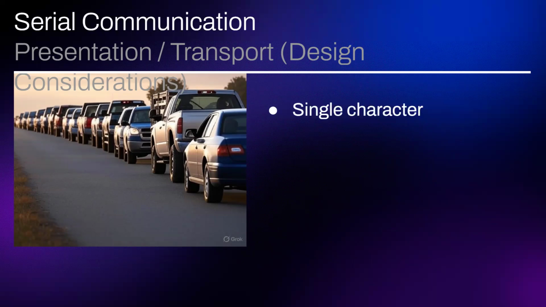What does a packet of data look like as it goes across the wire? Single character is kind of the default. When people say, okay, I'm going to make a serial protocol to do this, they usually start there. Then they go, oh, it's not working real good. It's appropriate for some things, but for most things, you have to get more complicated.